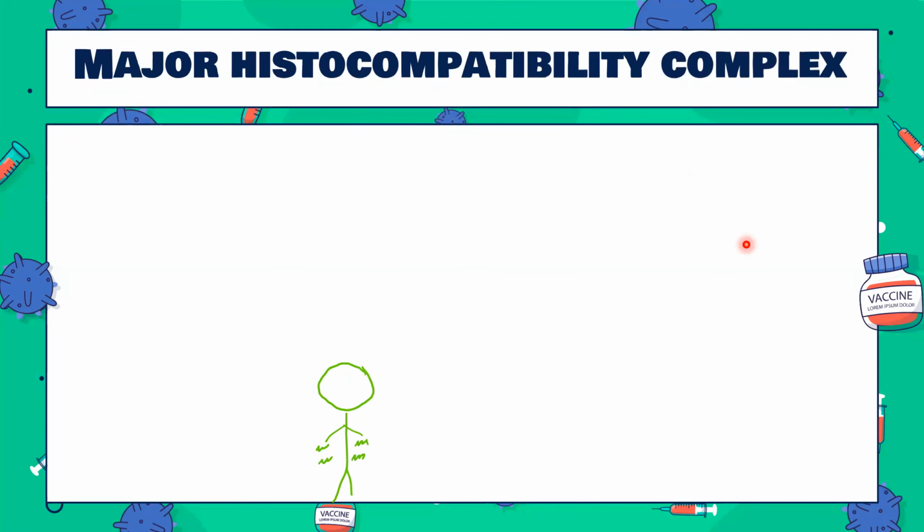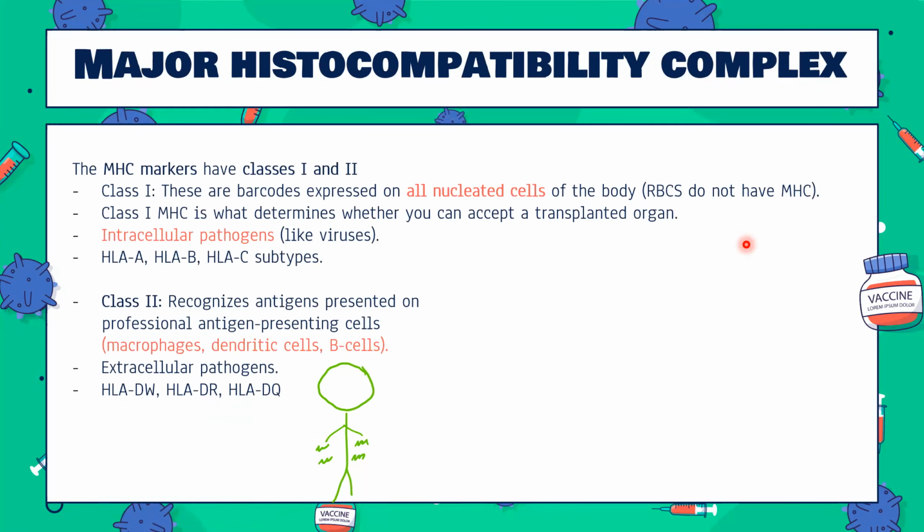Our major histocompatibility complex is basically going to have class 1 and class 2, which I told you guys. CD4 positive and CD8 positive are going to have different receptors or different MHC markers. I mentioned CD4 with 2 and CD8 with 1. So think in your head that when I multiply them, the product always has to be 8.